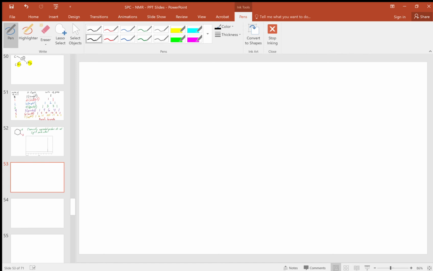Now, what if the hydrogens that are adjacent to each other are not equivalent to each other? What do we mean by that? So let's look at this proton that I have labeled in red. How many protons are adjacent to it? Well, we have 1 proton on this side, HA, and that's adjacent.